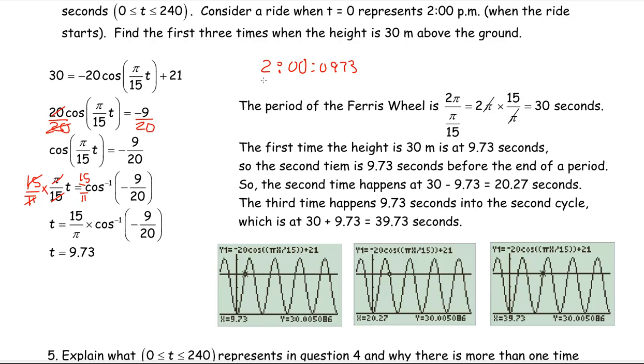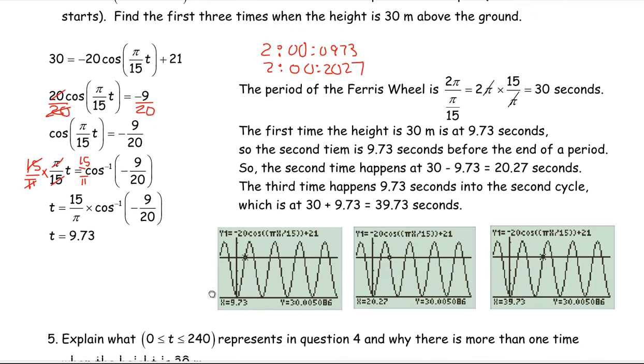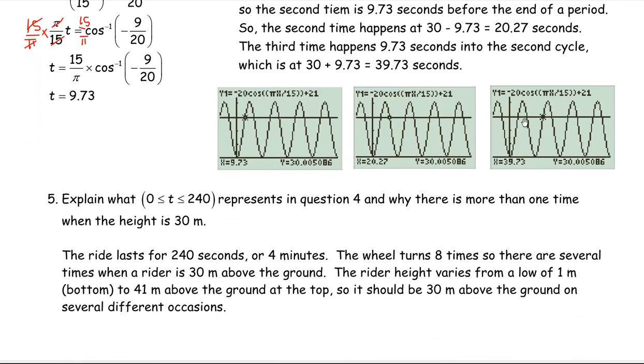And then 2 p.m. and 20.27. So we'd have to write them like that because they're just seconds after the 2 p.m. Not even a minute after the 2 p.m., the first few here. And these graphs do show the first 3 of them.